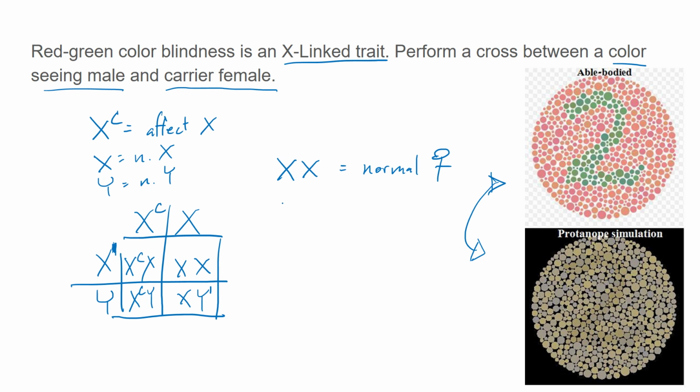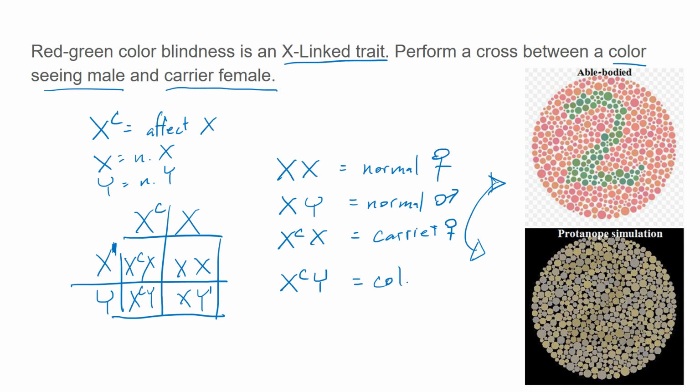We have XY, which is a normal male. We have an XCX, which is a carrier, meaning this female can see colors, can see red and green, but might have a son that won't. And finally, the XCY, that is a colorblind male.